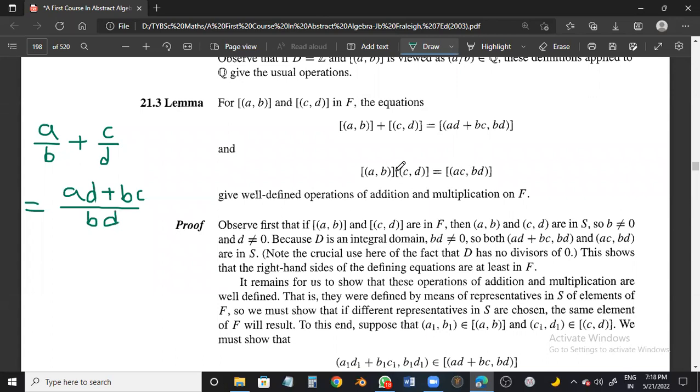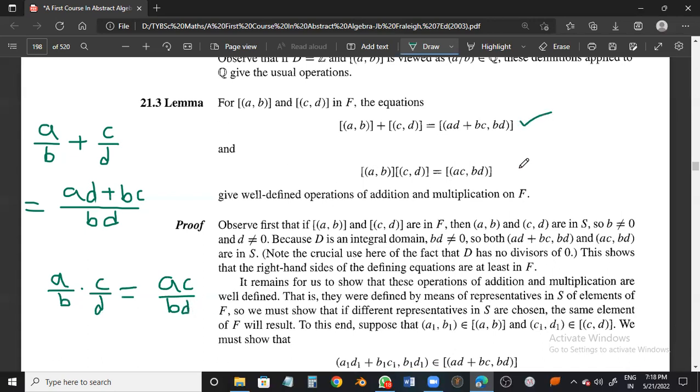And how are they defining multiplication on these equivalence classes? For multiplication of the equivalence classes, numerator is multiplied by numerator and denominator by denominator. So A by B multiplied by C by D will produce AC in the numerator and BD in the denominator. I suppose you followed me.